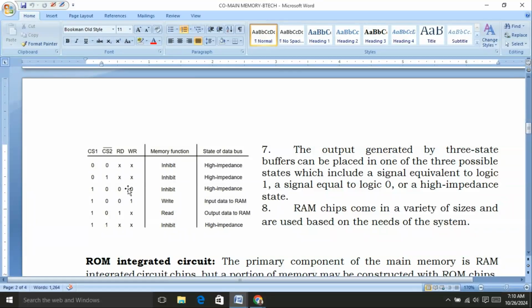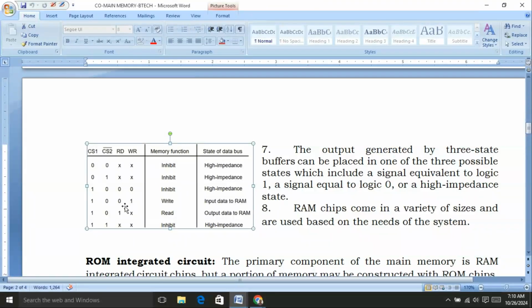This is also not working. 1 1, that is not working. 1 0, the read signal is enabled, the data is read from the RAM. 1 0, the write signal is enabled here, data is written into the RAM. 1 1, nothing happens.